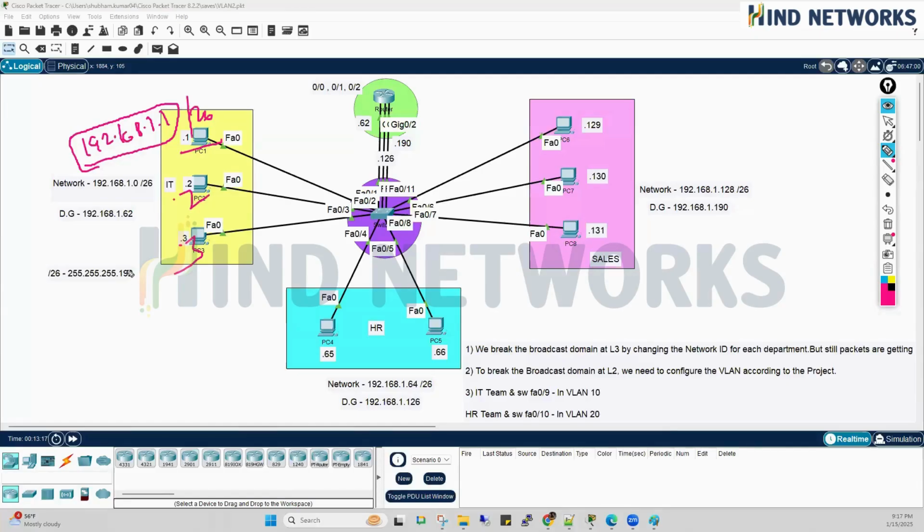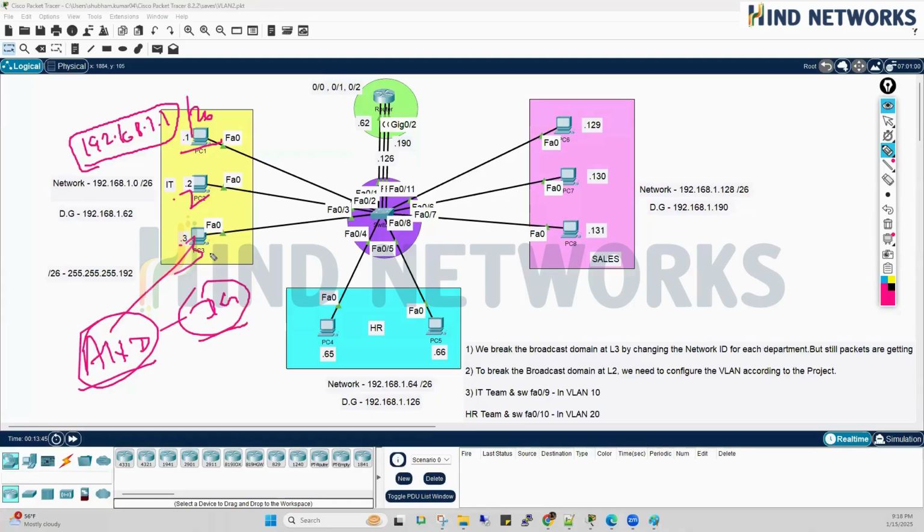But in yesterday's class, I told you one thing. If you are trying to ping from one network to another network, your PC will perform an AND operation. According to the AND operation, your PC will understand that you are pinging a different network. It means I need to forward your packet towards the default gateway.